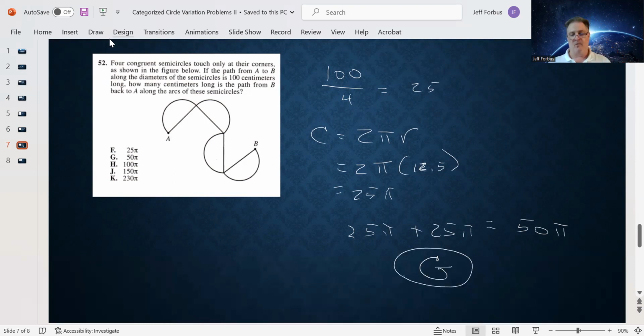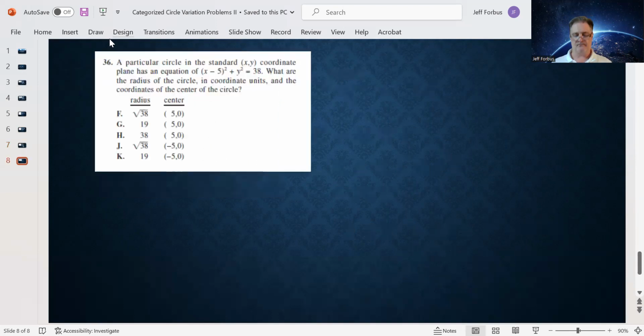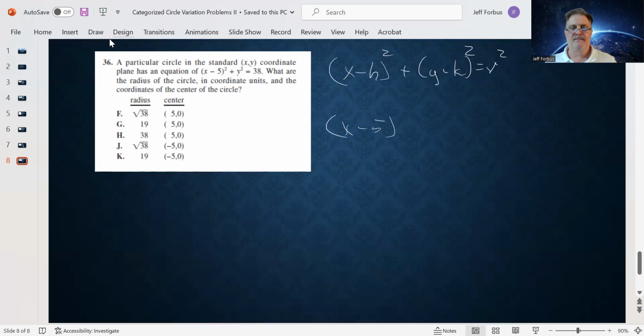Okay, we got one more. And here again, notice what they give us. Now, we're still working with the same form of the circle equation. But notice they give us x minus 5 is equal to 38.